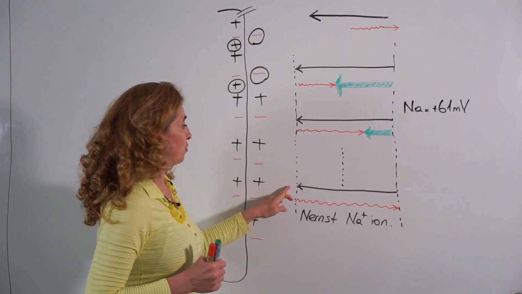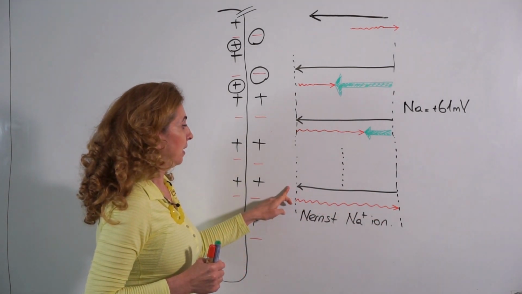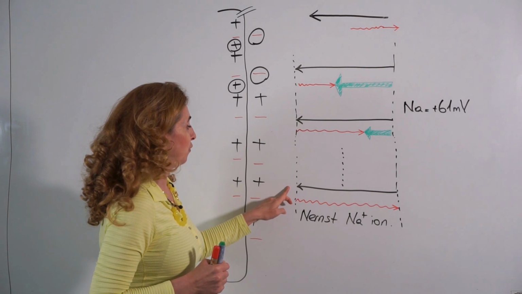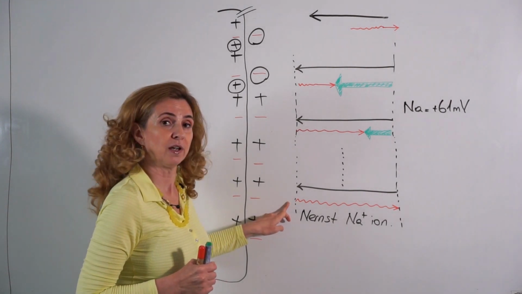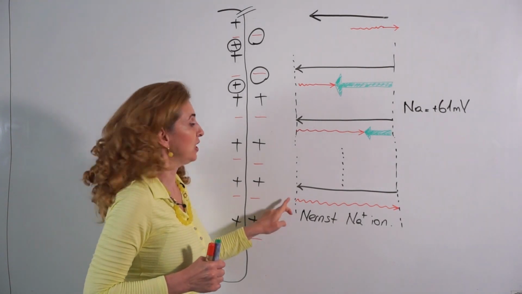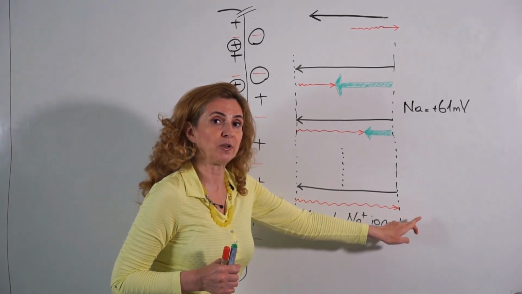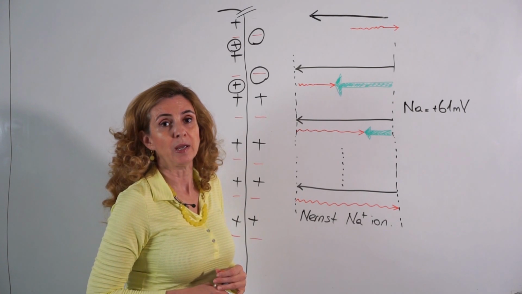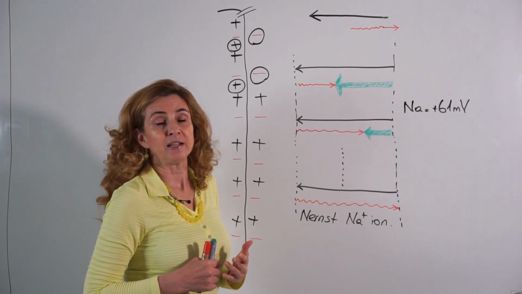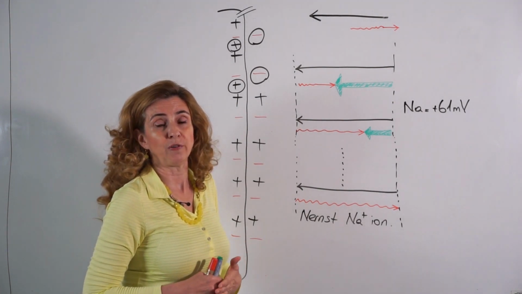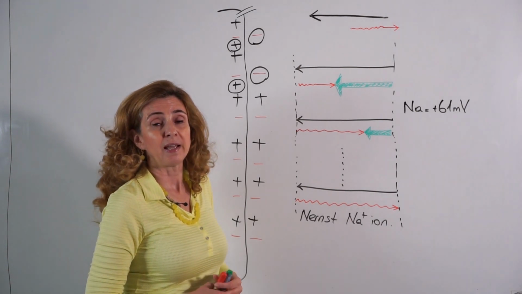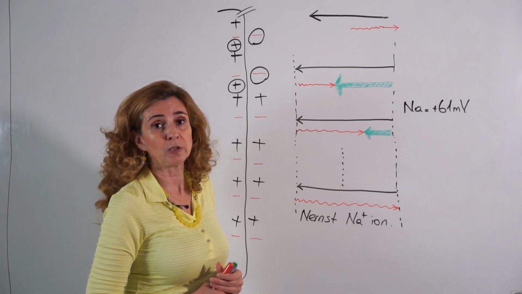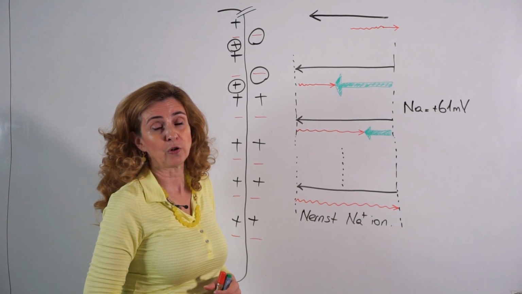Chemical force will be pushing sodium in with the same amplitude of force that the electrical activity is pushing sodium outward. At this condition, we have an equilibrium. And there's no net movement of sodium, and the electrical potential is called the Nernst potential for sodium.